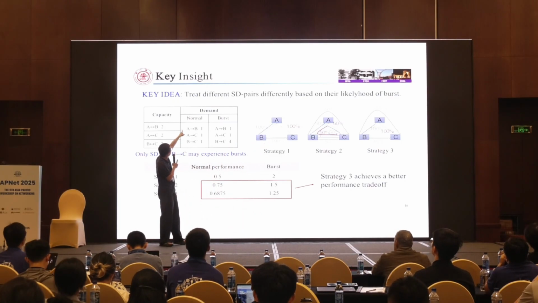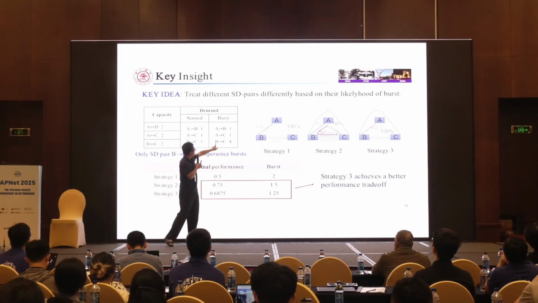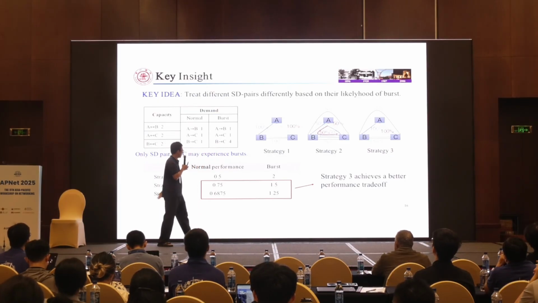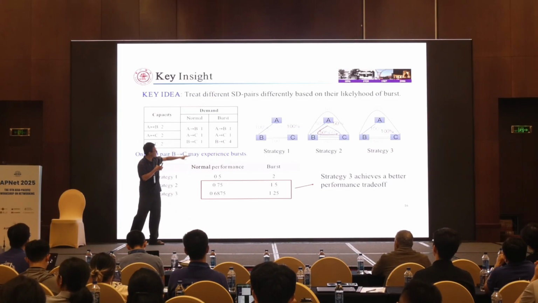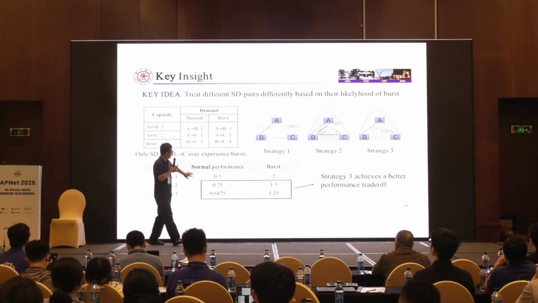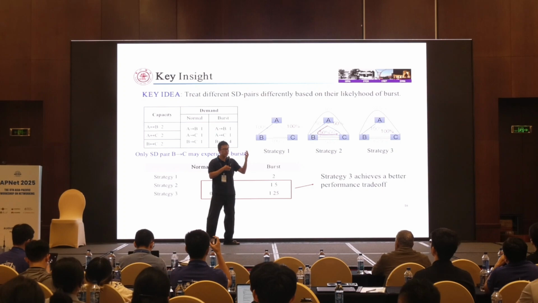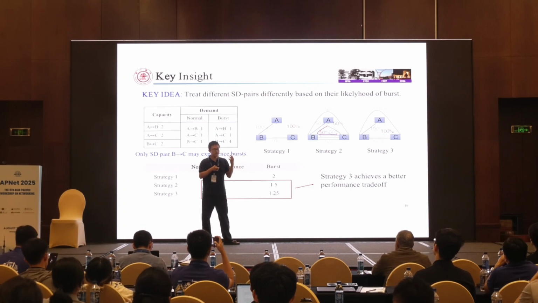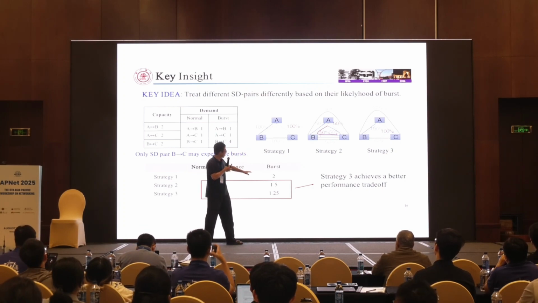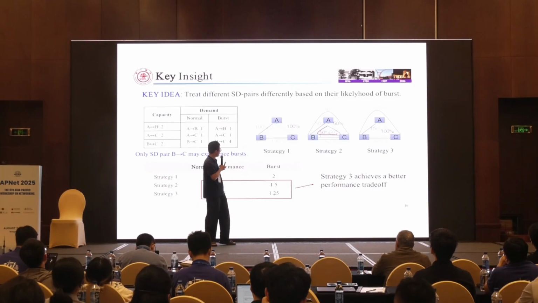Let's say in the real case, the traffic from B to C may burst. We can see that with this first strategy, when the traffic bursts, the maximum link utilization is high, meaning the worst case congestion would be very poor.